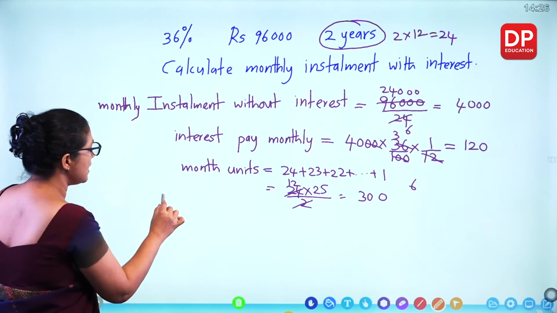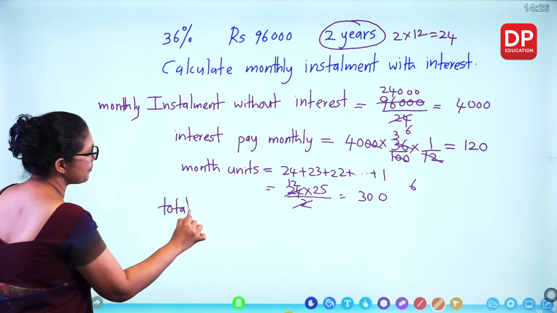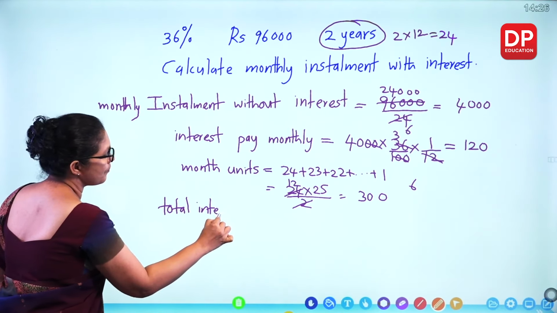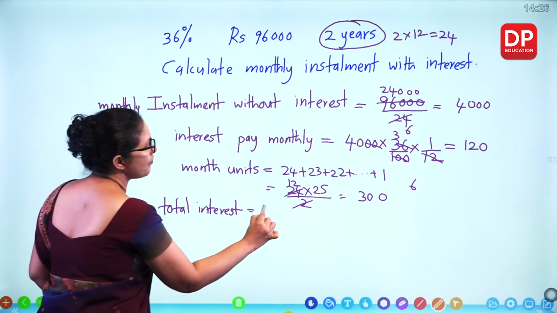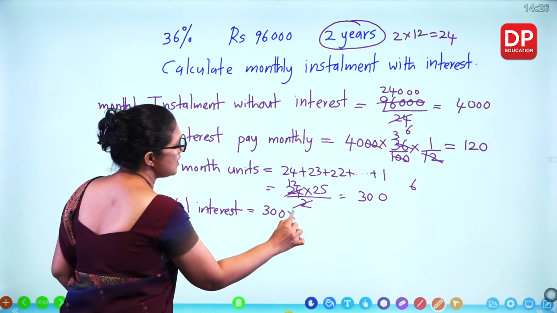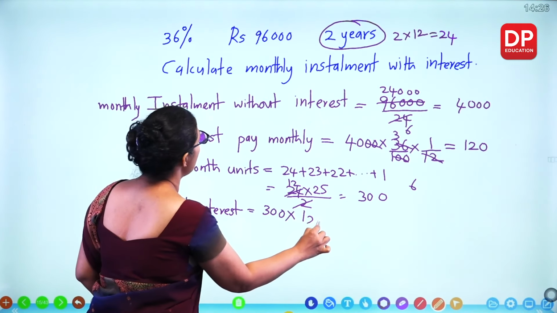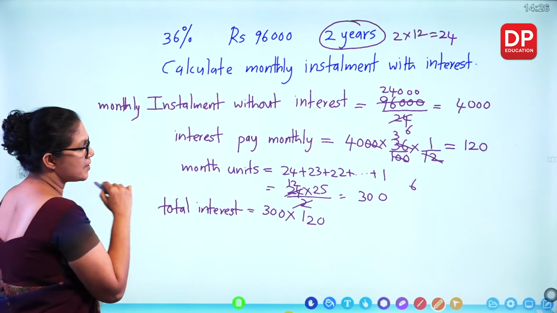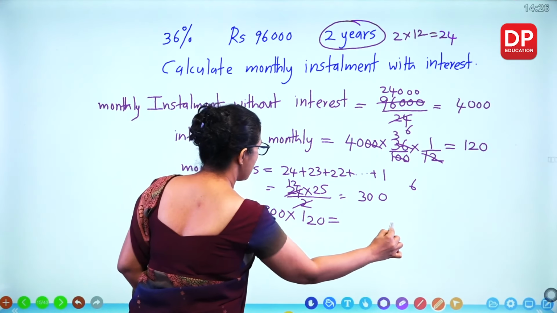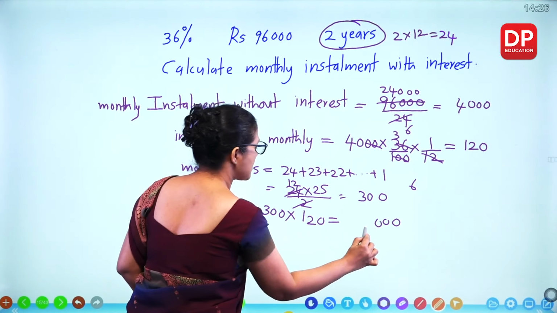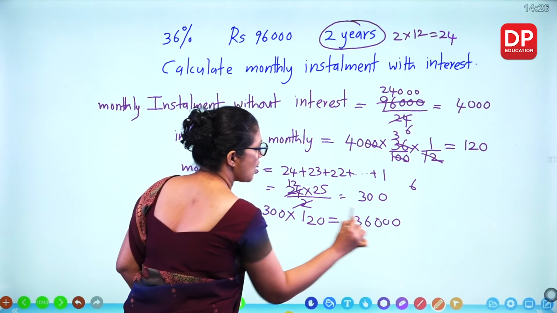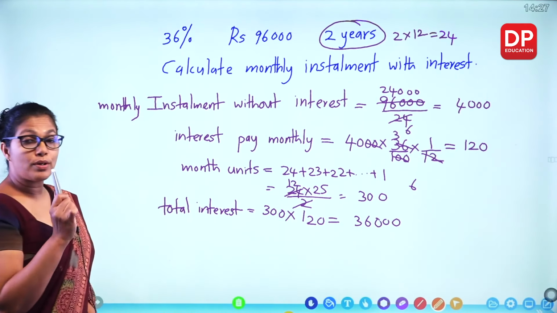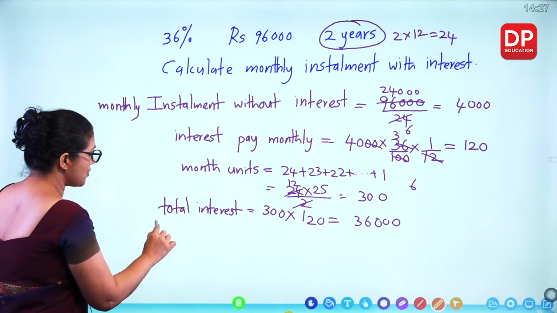So what's the total interest? 300 month units, each month 120 rupees. So what's the total? 0, 0, 0, 12 times 3, 36,000. So this is the total interest. What's the interest per month?